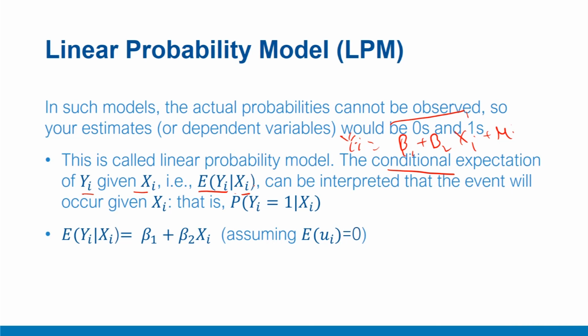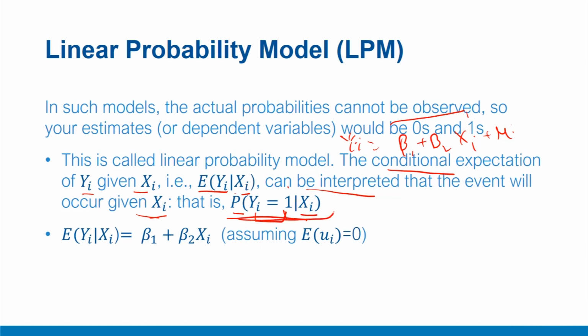And in this linear probability model case, it can be interpreted as the probability that the event will occur given xi, that means conditioned upon xi. What is that event? yi equal to 1, that means dividend is paid, which is represented by y equal to 1, conditioned upon xi.